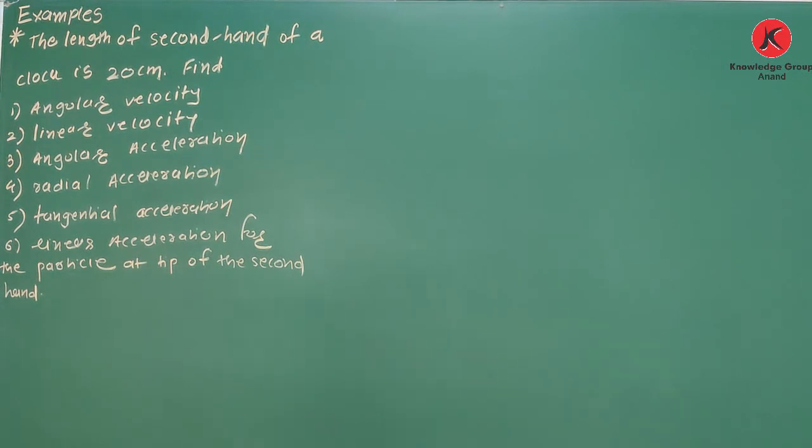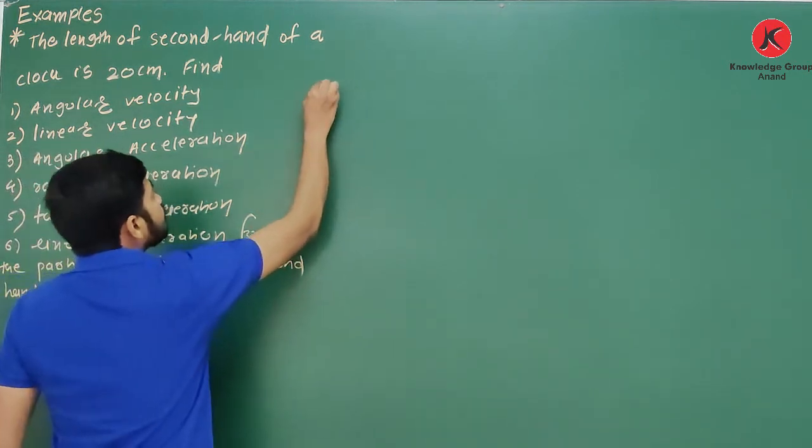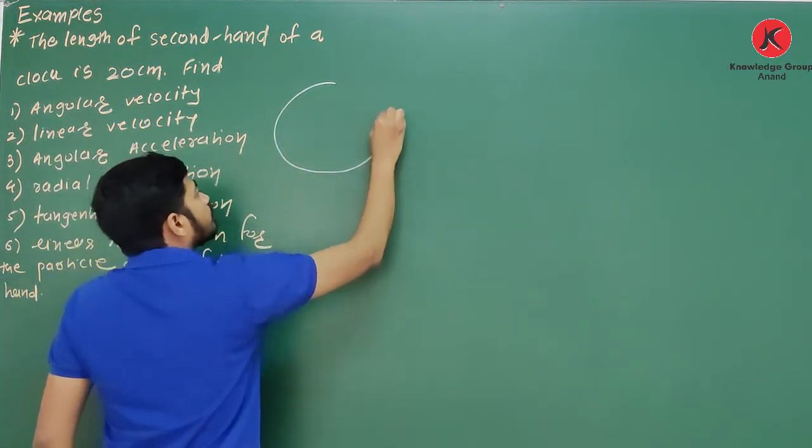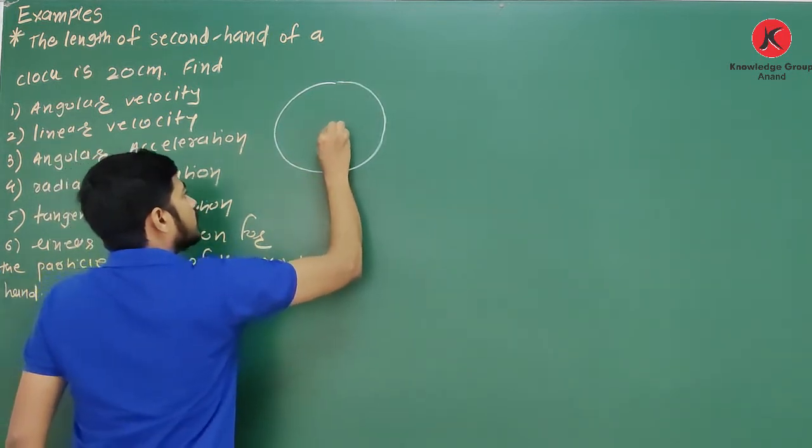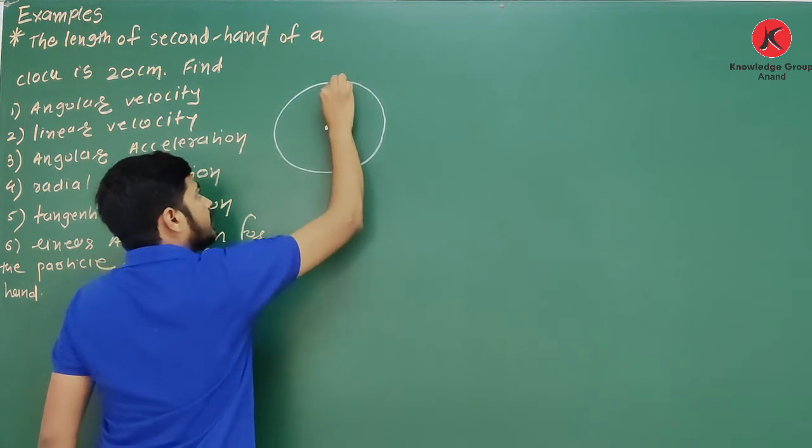Now next is one example. See, the length of the second hand of a clock is 20 centimeter. Find angular velocity, linear velocity, angular acceleration, radial acceleration, tangential acceleration, and linear acceleration for the particle at the tip of the second hand. See, for example, it is a clock and here it is the second hand.